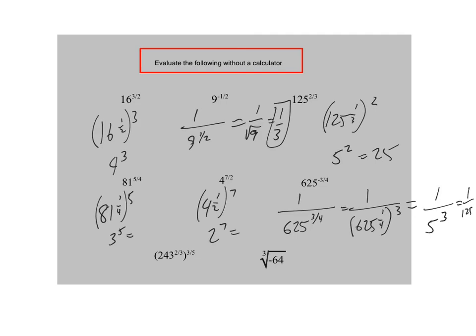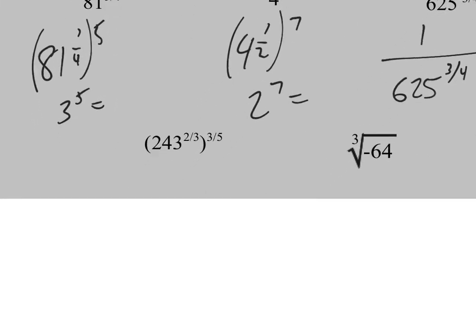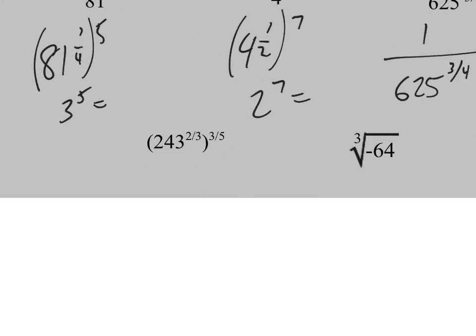Wow, one like this here. 243 to the 2/3 to the 3/5. So keep in mind, power to a power means you multiply. So this is 243, and it's top times top, bottom times bottom. So this ends up being 243 to the 6 over 15. Oh, well, I'm not going to take the 15th root of something.